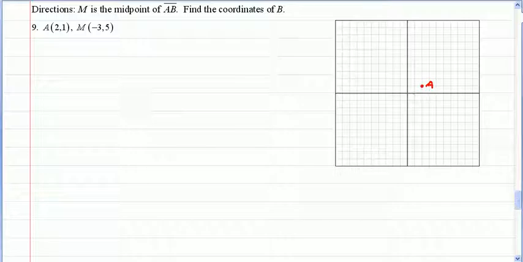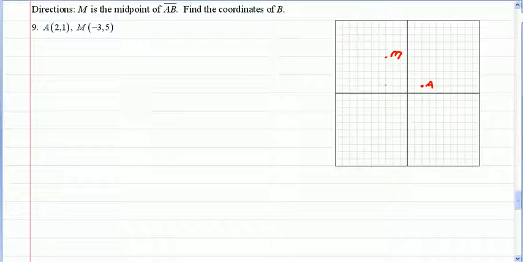And then point M is left 3, up 5. So if M is our midpoint between A and B, then B must be somewhere over here.